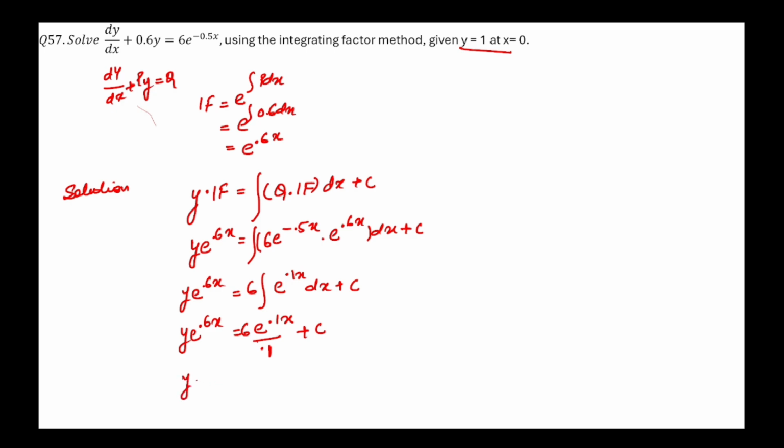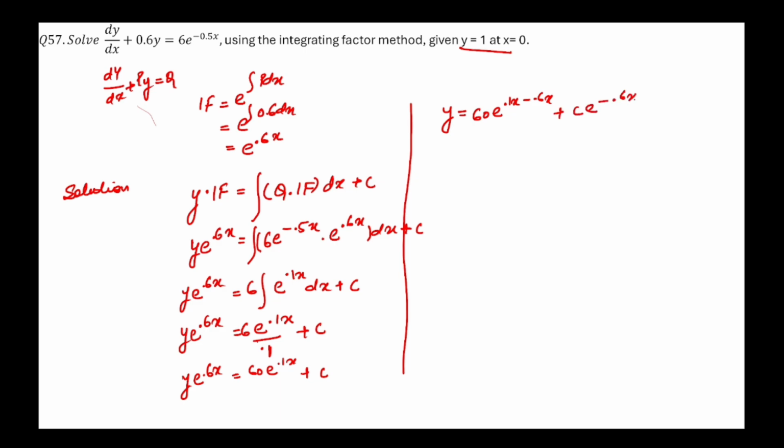Y e to the power 0.6 x is equal to 60 e to the power 0.1 x plus c. Okay, I will write here y is equal to 60 e to the power 0.1 x minus 0.6 x plus c e to the power minus 0.6 x, right? This will be the equation.